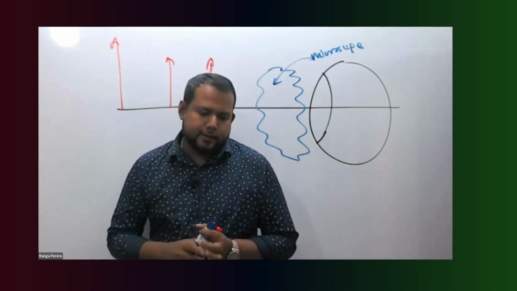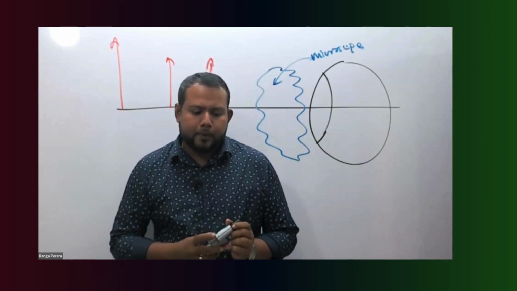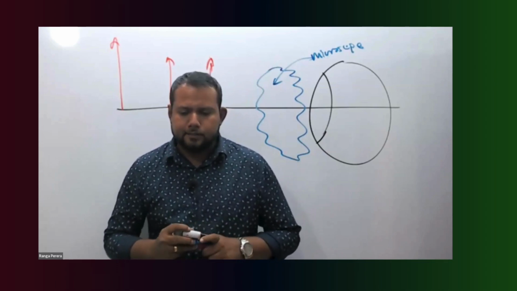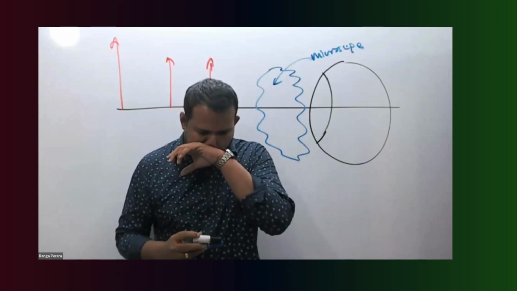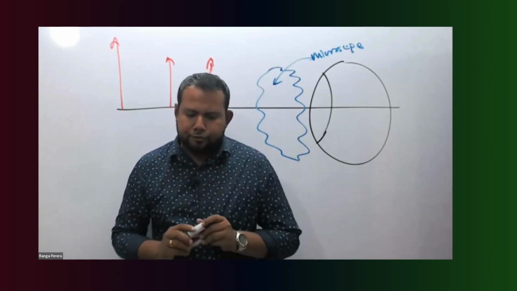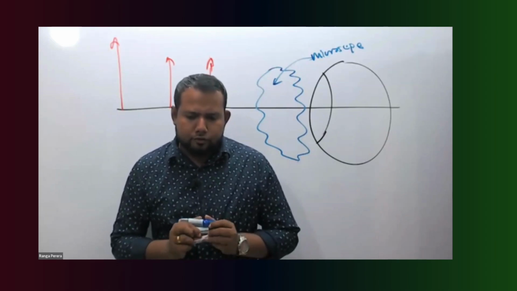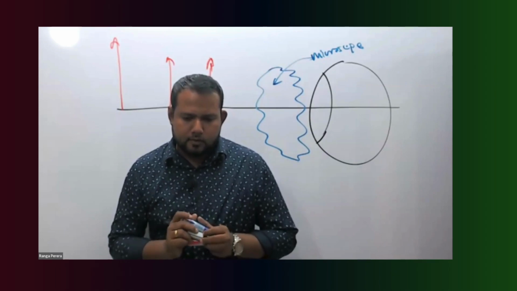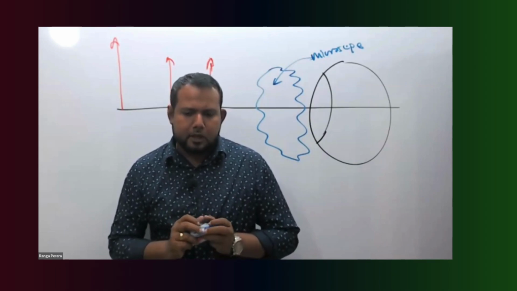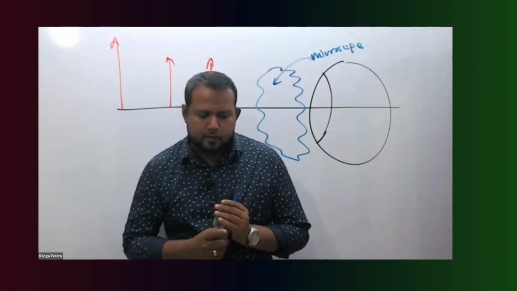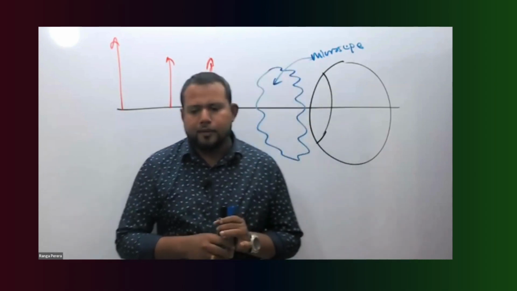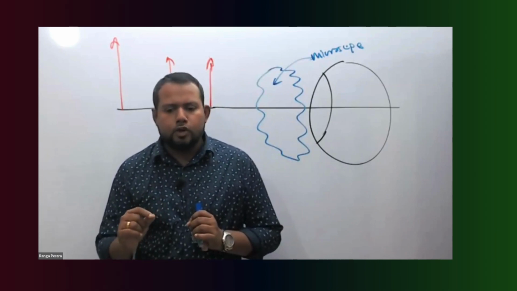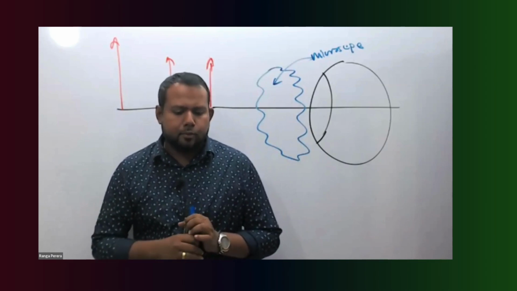Right under that: the microscope can be adjusted to form the final image from near point to infinity.